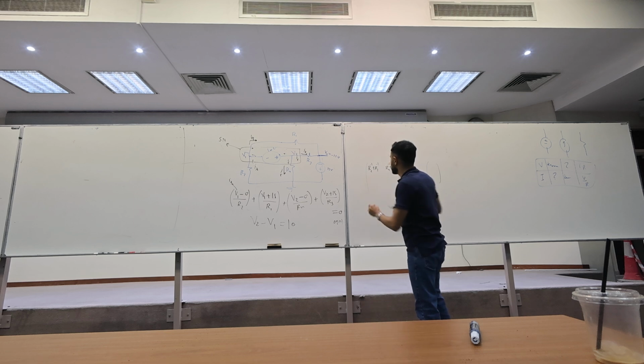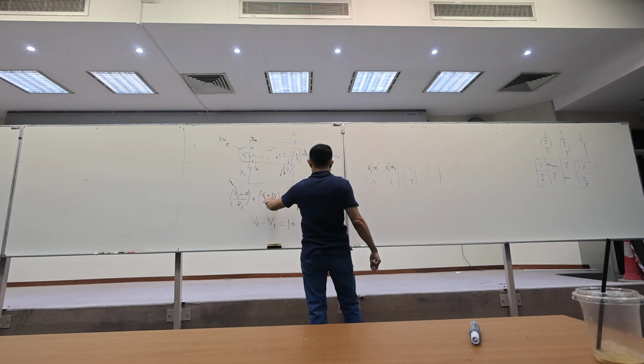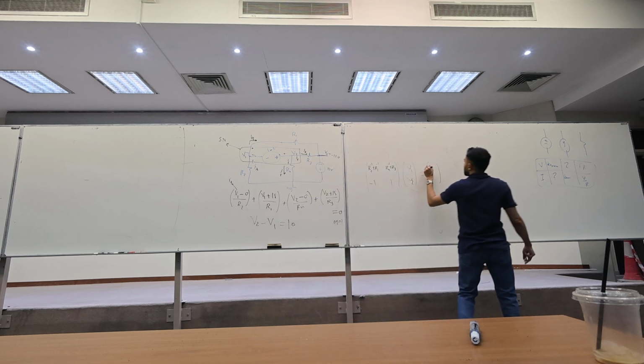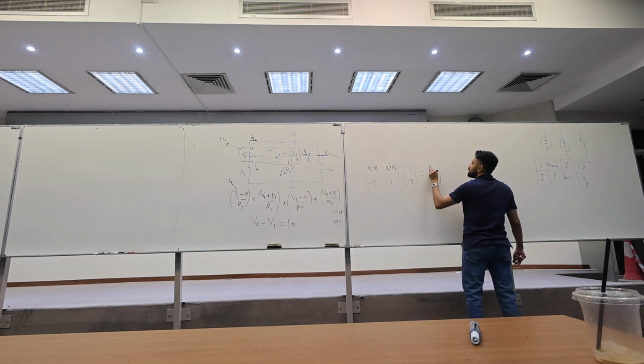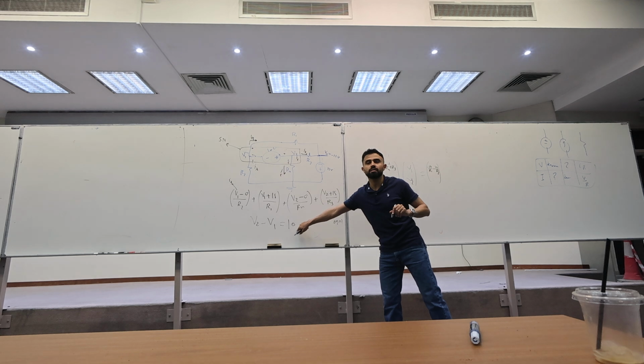The coefficients of the second equation are minus 1 and 1. The constants we have are minus 15 over R1, minus 15 over R3, equals 10.